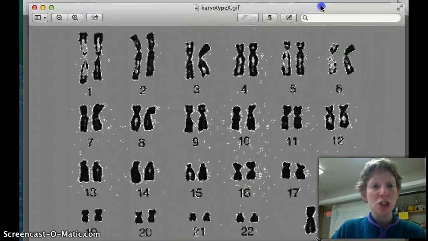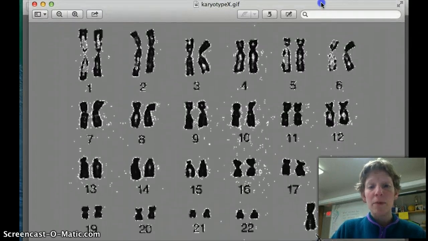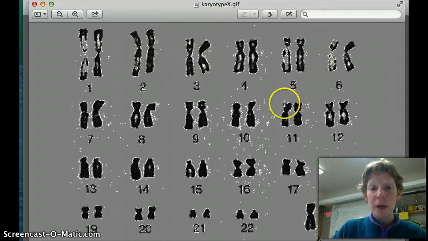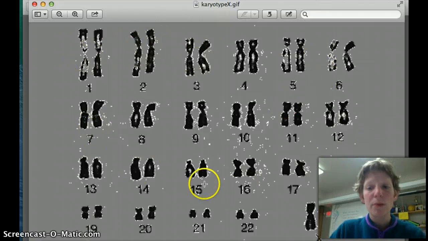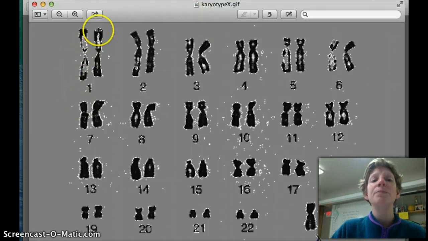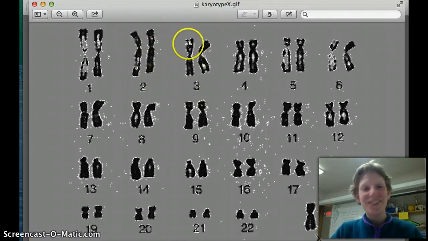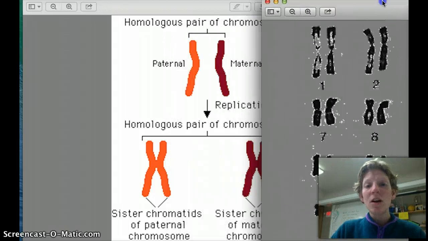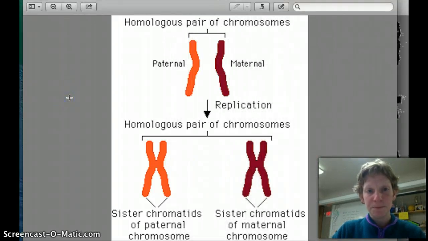So in the picture we just looked at, each of these 23 pairs is homologous. One part from dad, one part from mom, one part from dad, one part from mom, you get the picture. So they are homologous pairs.